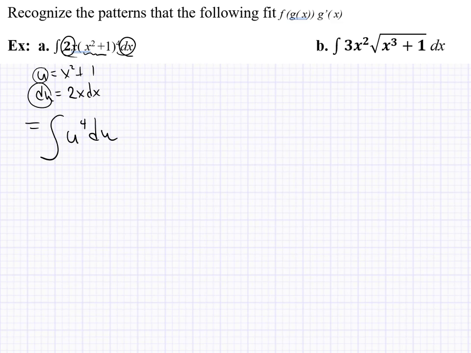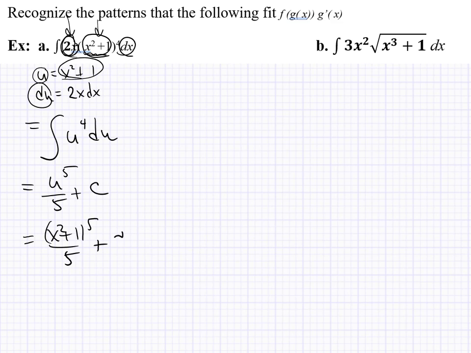But I had to recognize right away that the derivative of this is this, that I have a function and that function's derivative sitting right in my integral. Now that I do the integral, it's just u to the 4th, which will be u to the 5th over 5 plus c. I resubstitute the fact that u is x squared plus 1, and there's my answer.